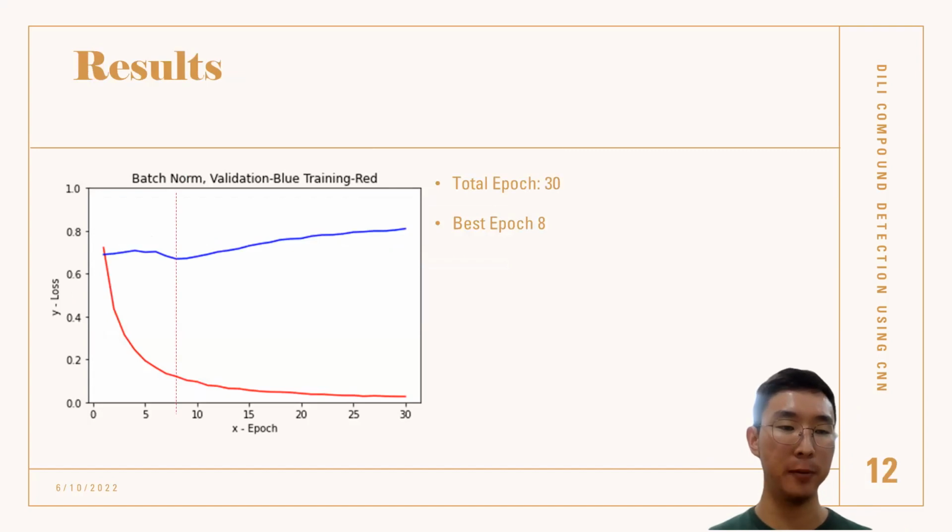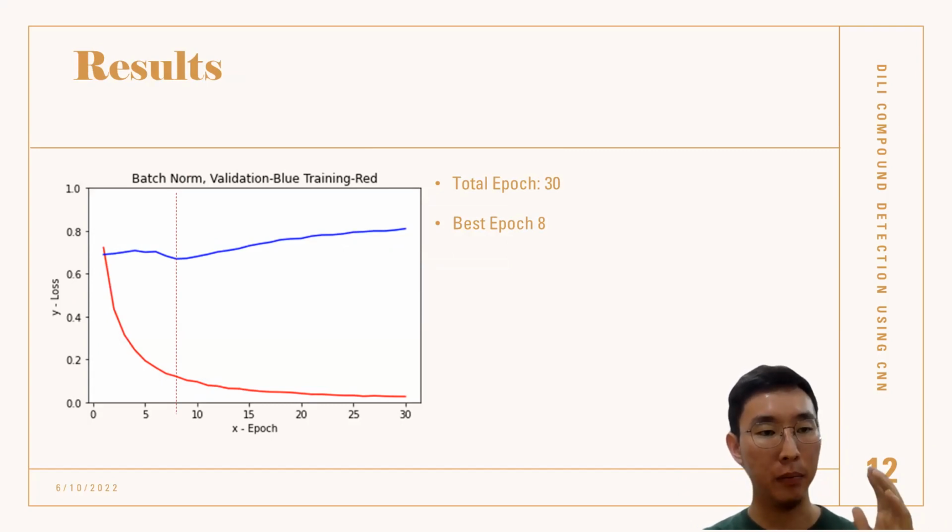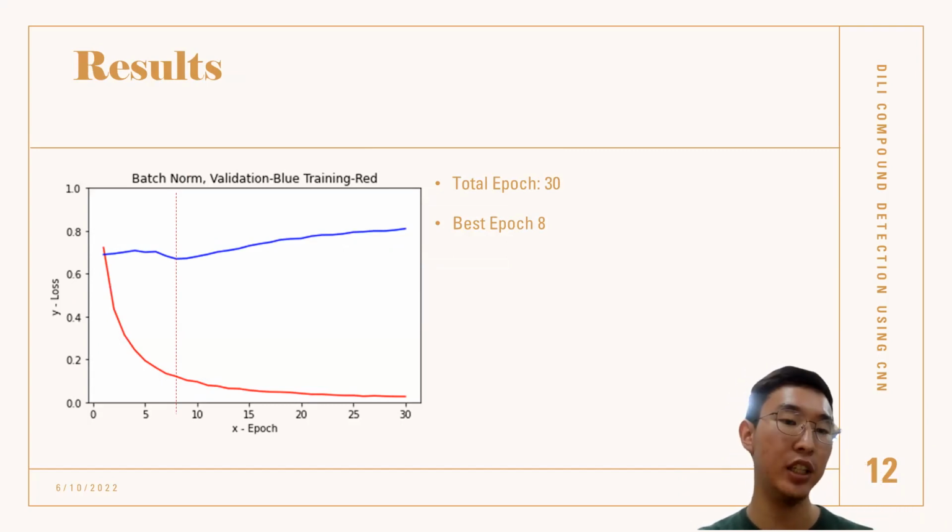So for the results, I ran it for 30 epochs with mini batches of 128. The graph shown on the left side represents the red line as the training loss and the blue line as the validation loss. As we can see, around epoch 8 was where the validation loss was at its lowest.